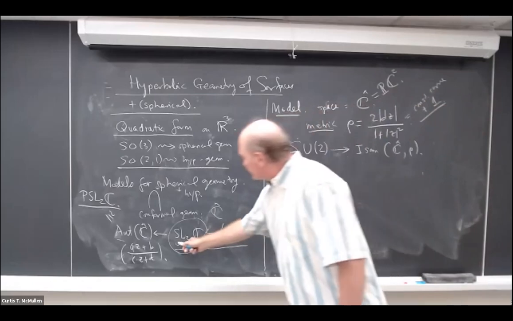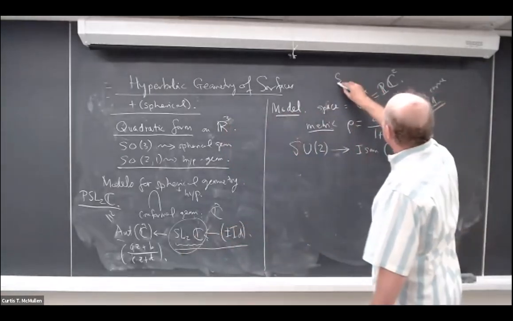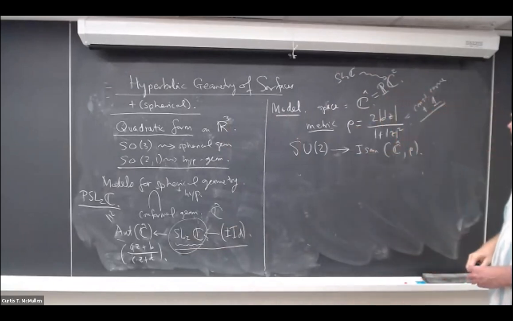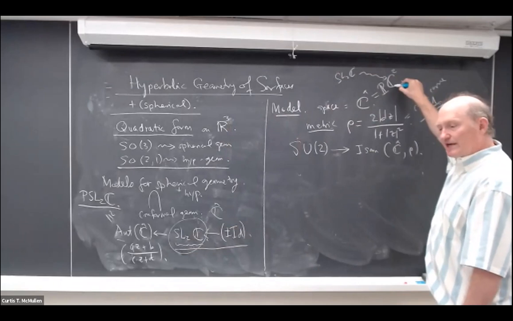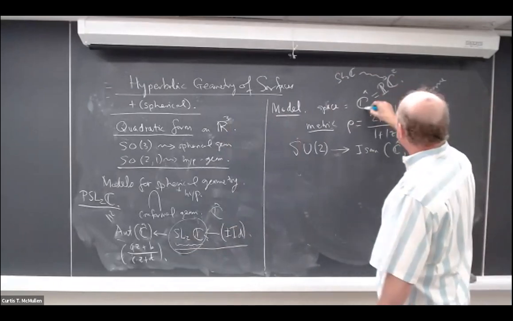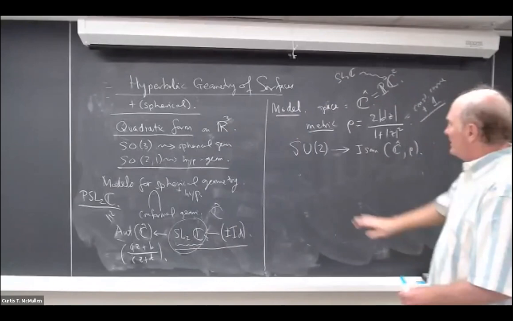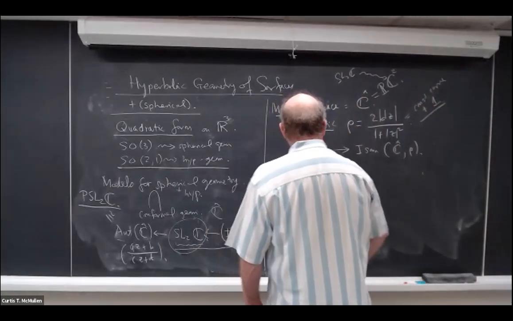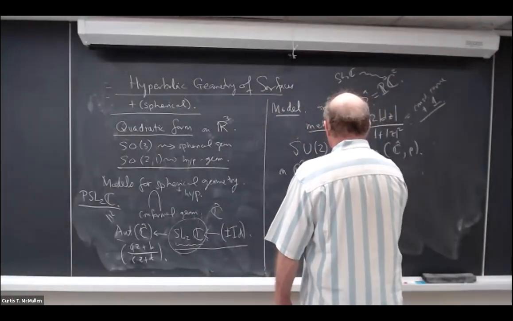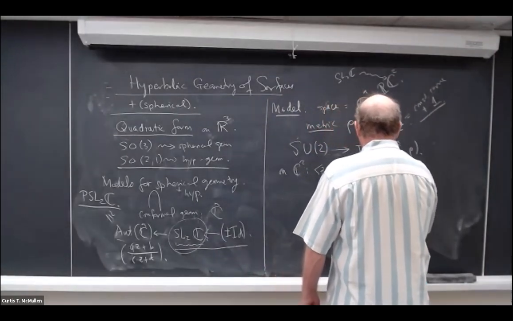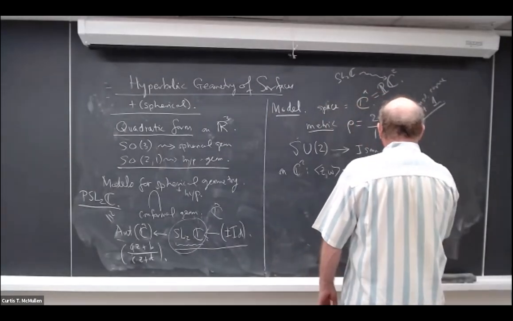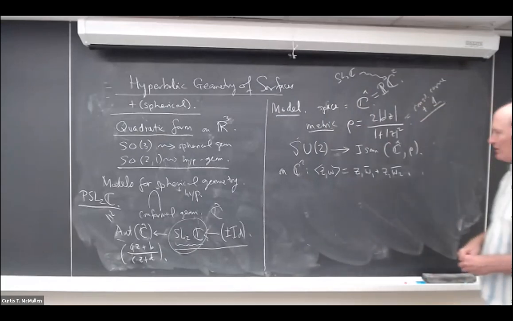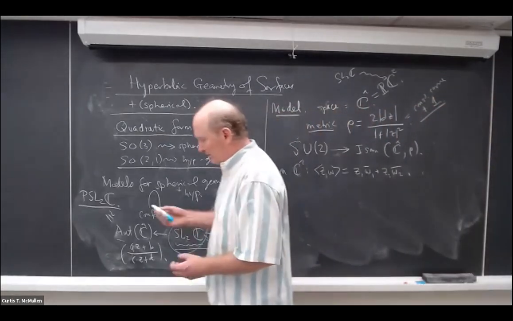And then the action of SL2C just comes from the obvious linear action of SL2C on the underlying vector space. Now, if we introduce more structure to C2, then we'll get a subgroup here that preserves that additional structure. So we introduce the obvious inner product, ZW, is Z1 W1 bar plus Z2 W2 bar. So this is a Hermitian inner product as opposed to a real inner product.